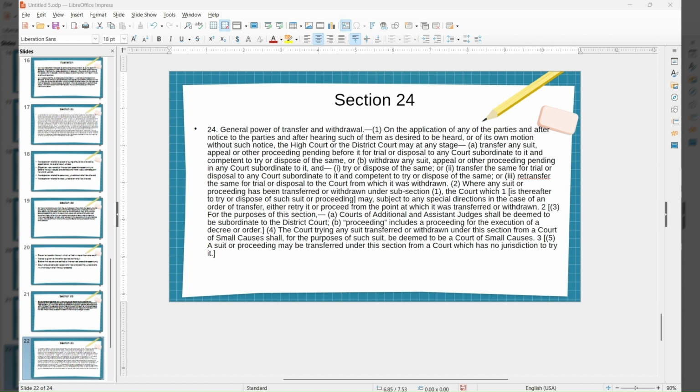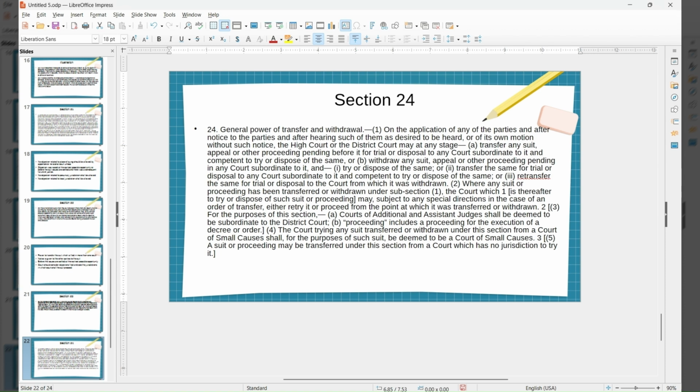It can be used by application or by the court itself at any stage of the case. The transfer can happen at any stage, even when the initial court had no jurisdiction.